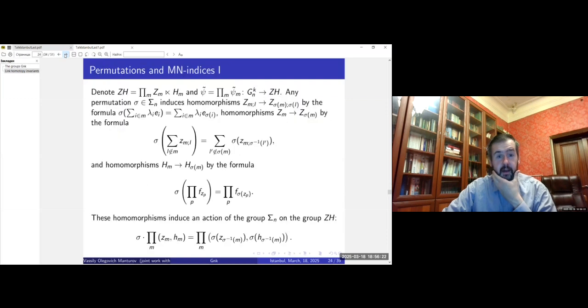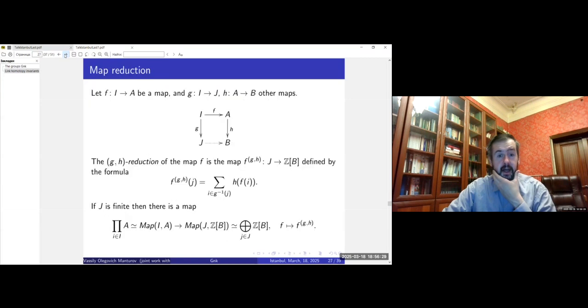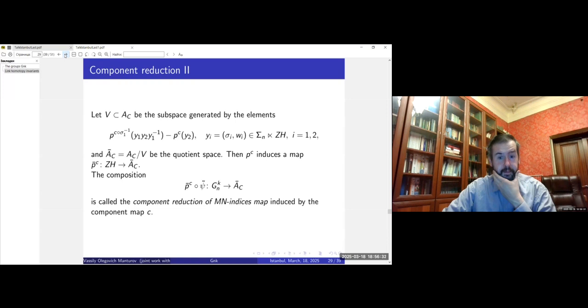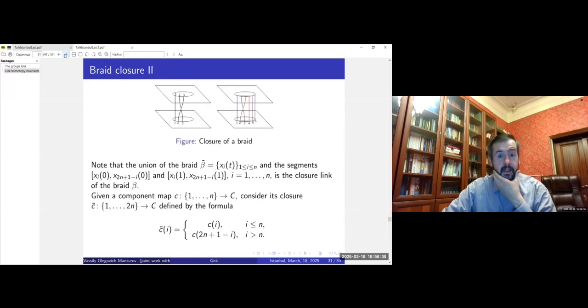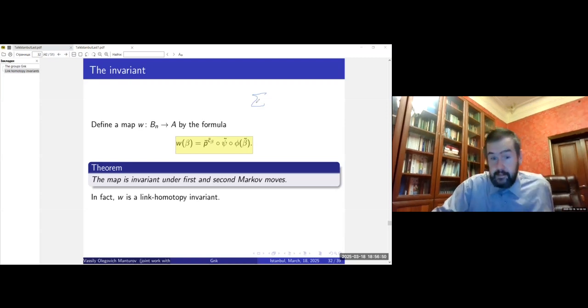The idea is to take some map from the braid group, and this map is just a sum where we take all choices of components of different colors, and then we take these maps.